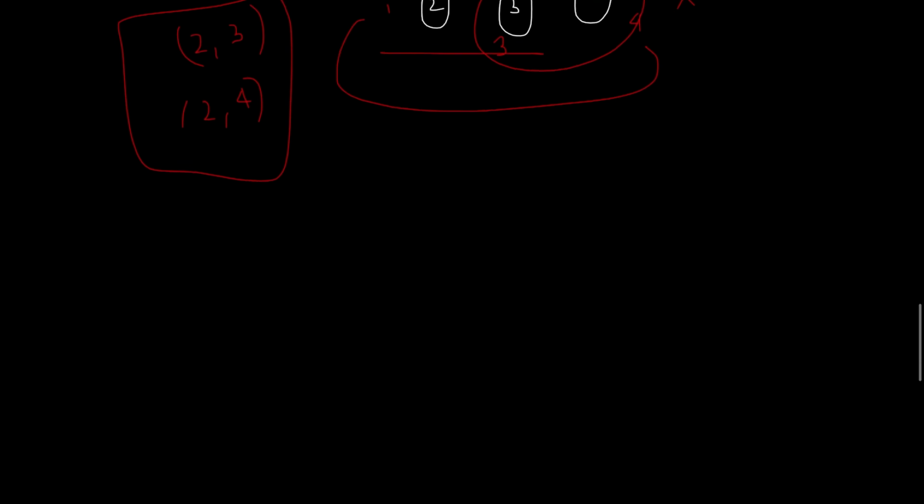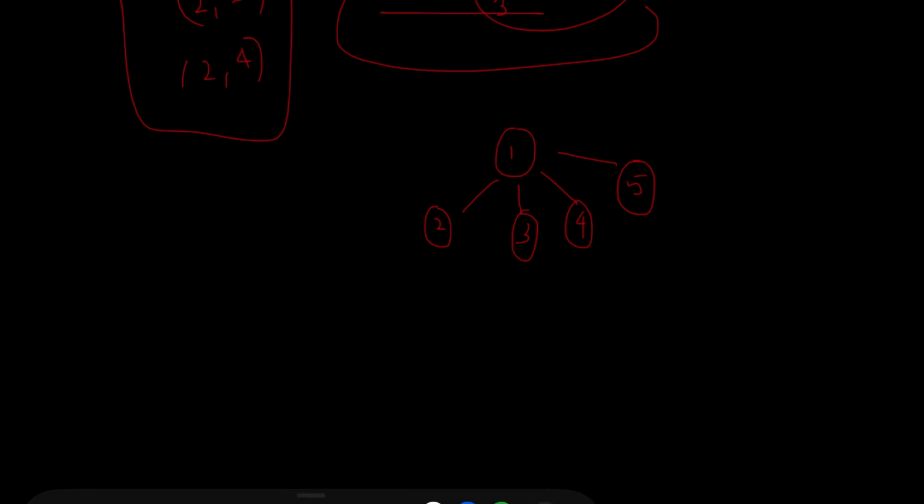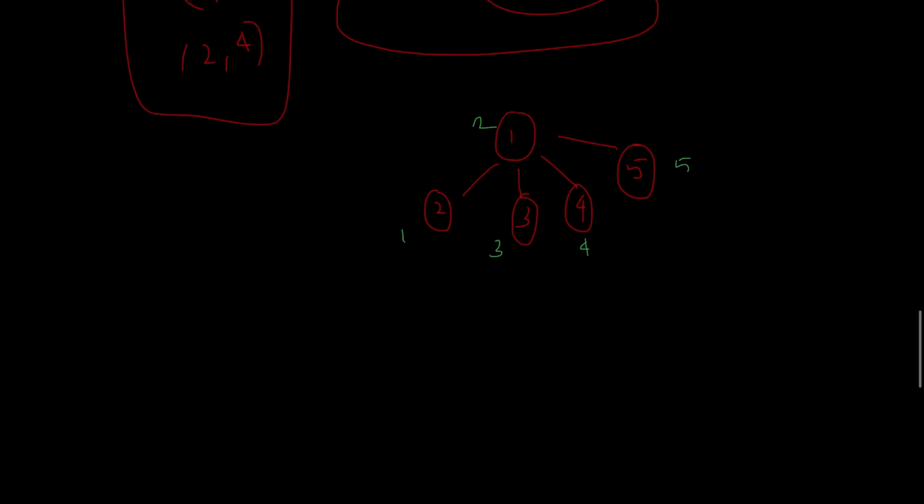Now, if I take another example, let's say one, two, three, four, and five. And if I assign the values like one, two, three, four, five, we get the pairs as two comma three, then two comma four, two comma five.